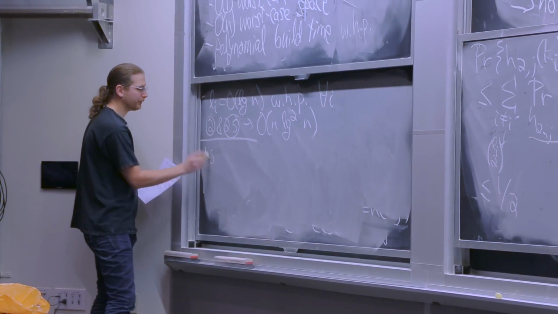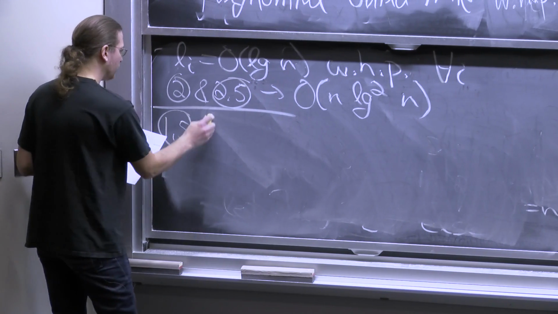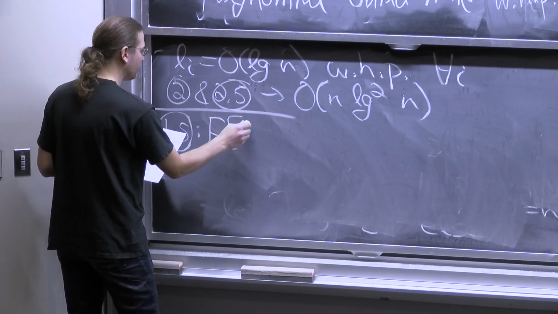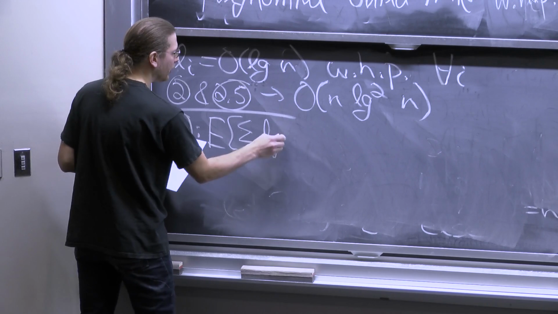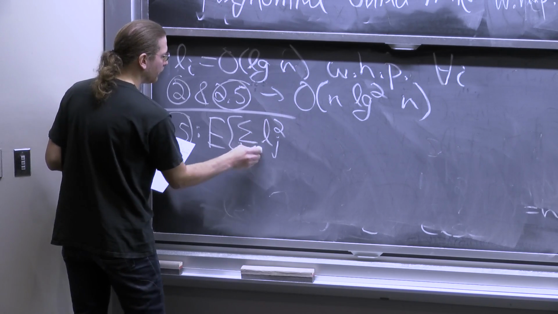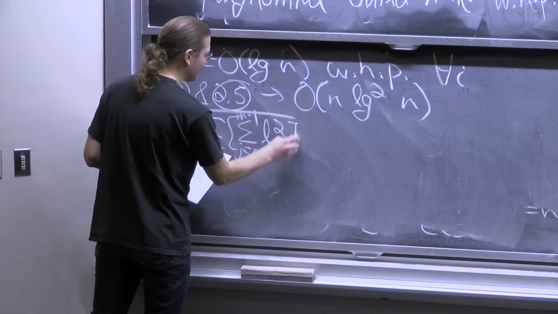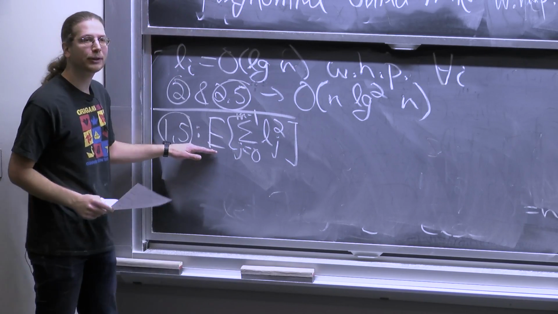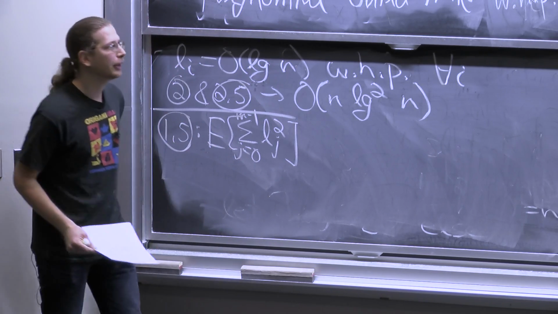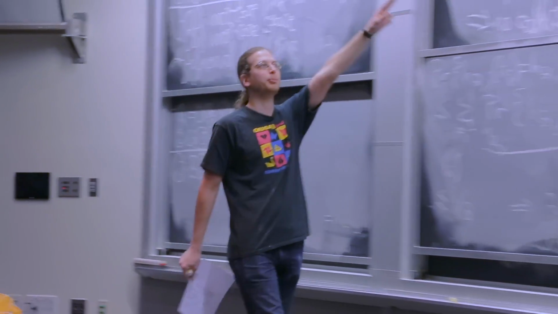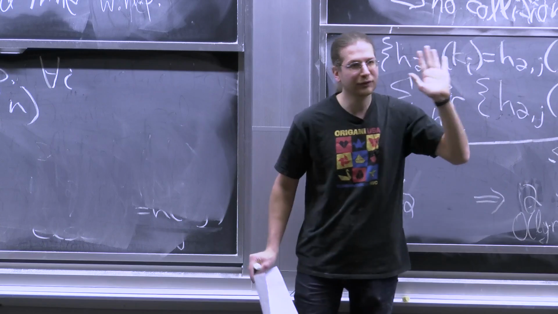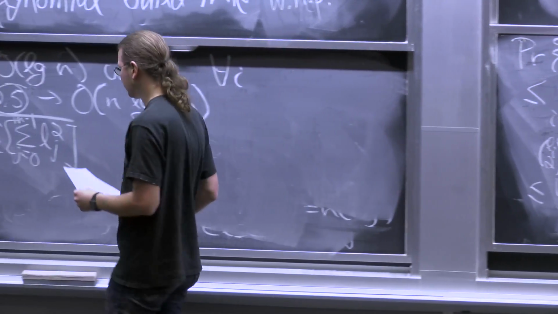So for step 1.5, we're looking at what is the expectation of the sum of the Lj squareds being more than linear. Oh, sorry, expectation. Let's first compute the expectation, then we'll talk about a tail bound, which is the probability that we're much bigger than the expectation. First thing is I claim the expectation is linear.